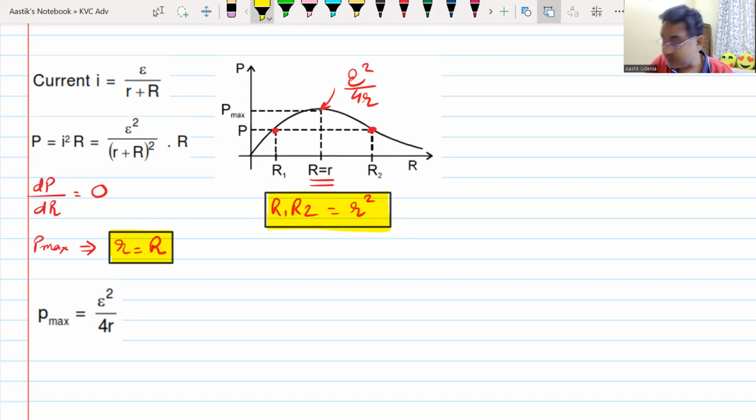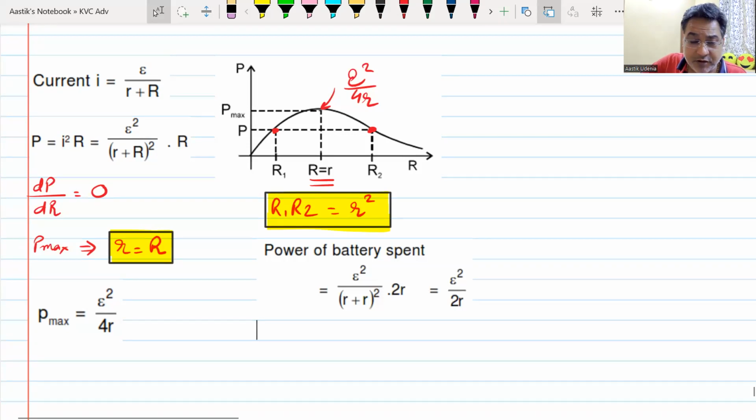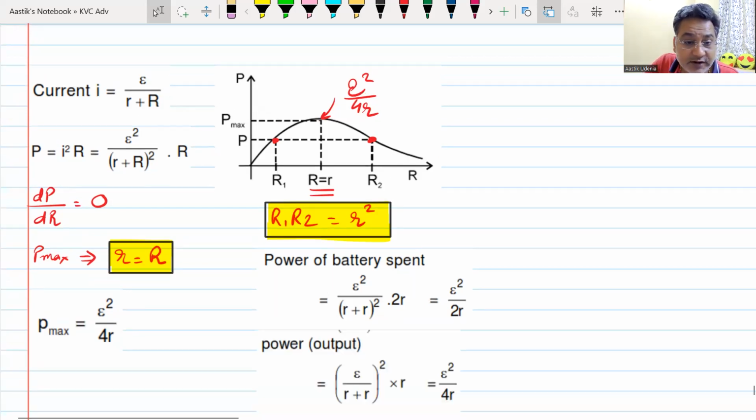And the last question was efficiency. To understand efficiency, we must understand what is the power given by the battery, what is the power which is given out from the source. Power given by the battery is E square by 2R. Power output is E square by 4R.